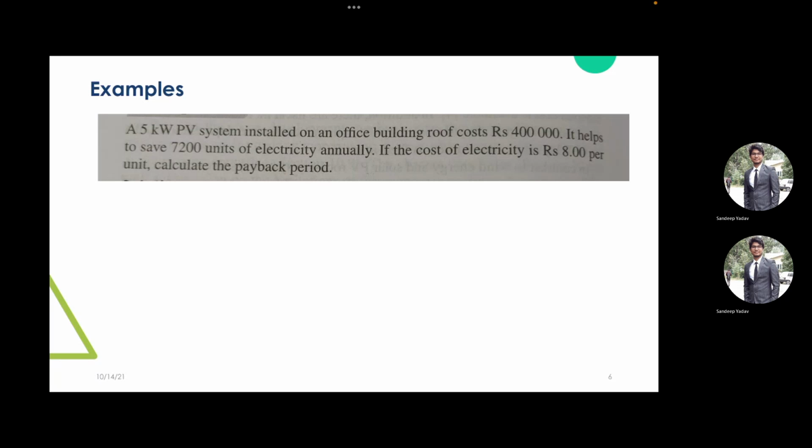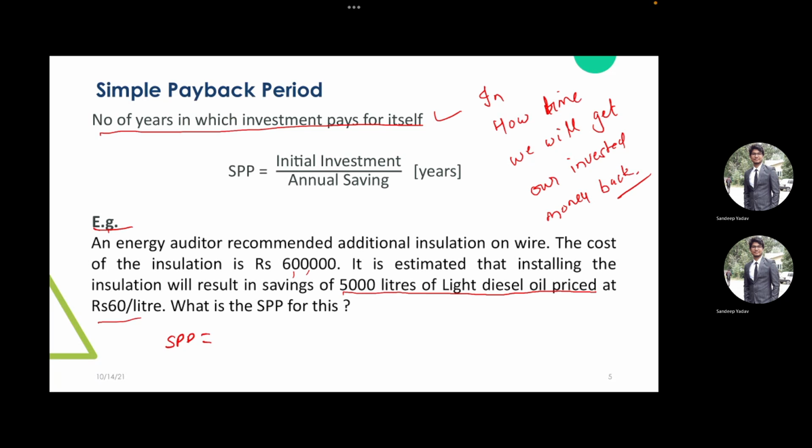In that case, our initial investment is 6 lakh rupees. So we can calculate SPP is equal to 6 lakh rupees upon annual savings.